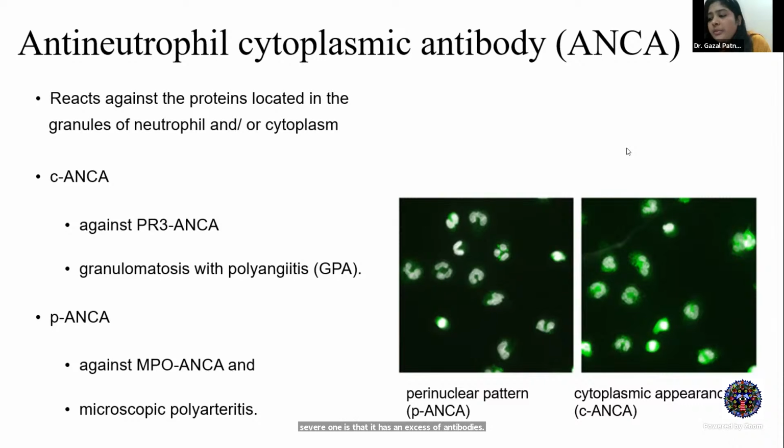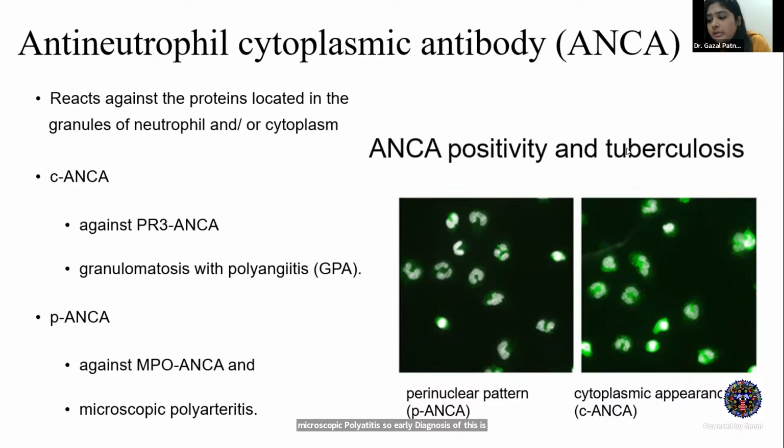The cytoplasmic appearance is found in granulomatosis with polyangiitis patients and perinuclear in microscopic polyangiitis. Early diagnosis of this is very important. Another point I want to highlight here is the cross-reactivity between ANCA positivity and tuberculosis. Tuberculosis stimulates the release of oxygen radicals from the activated neutrophils.